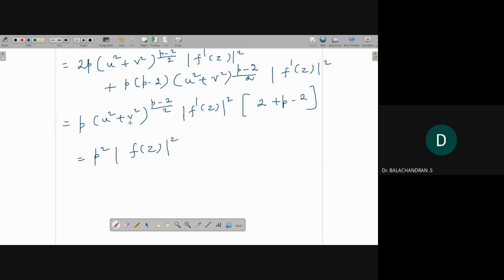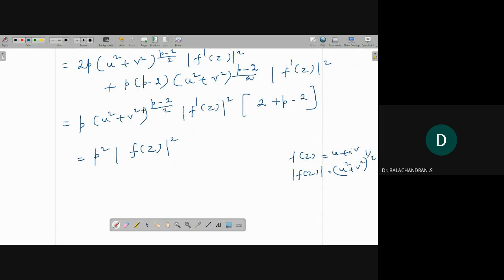What is u² + v²? Actually f(z) = u + iv, so |f(z)| = (u² + v²)^(1/2).